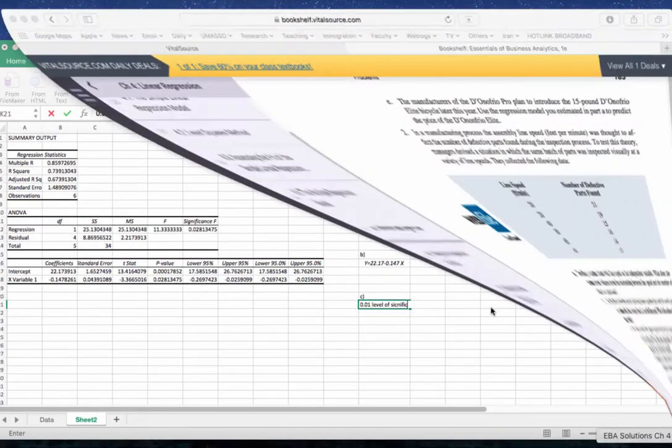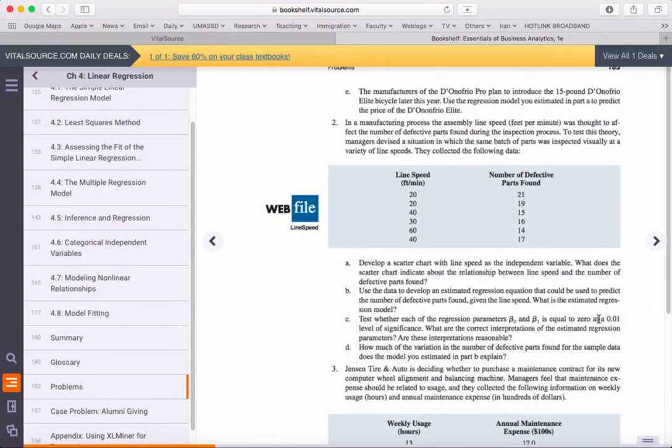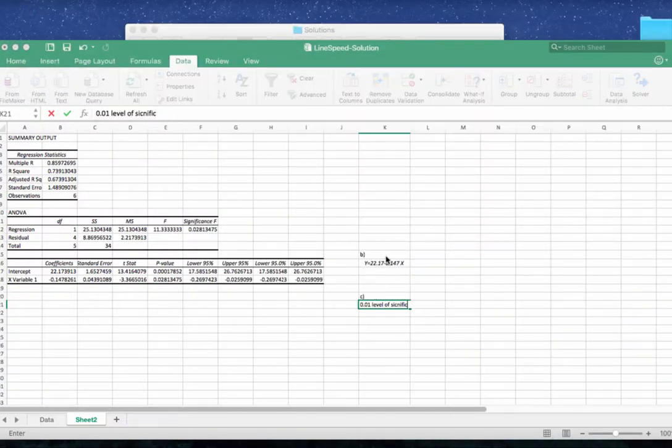The answer for part C: we want to know, at the 0.01 level of significance, test each of the regression parameters, beta 0 and beta 1 equal to 0. So we go over here, basically this is part B, and part C is the 0.01 level of significance.